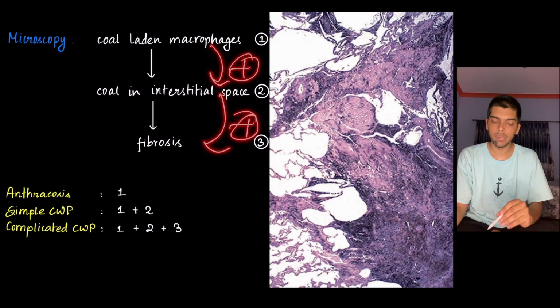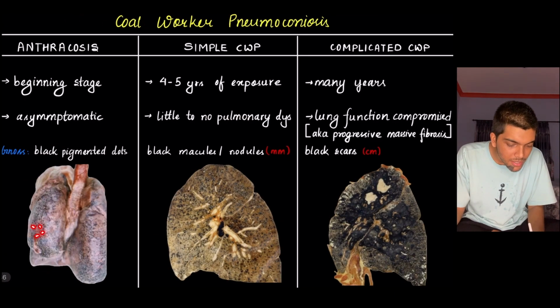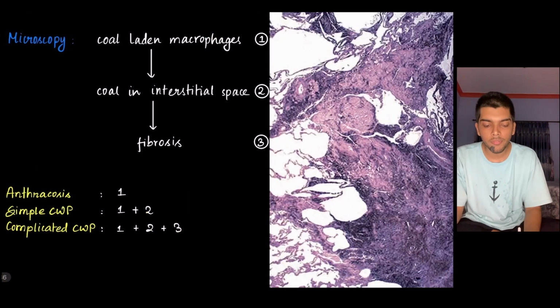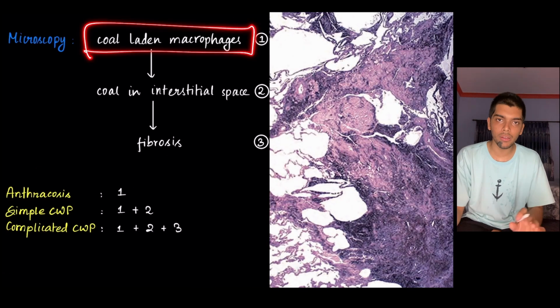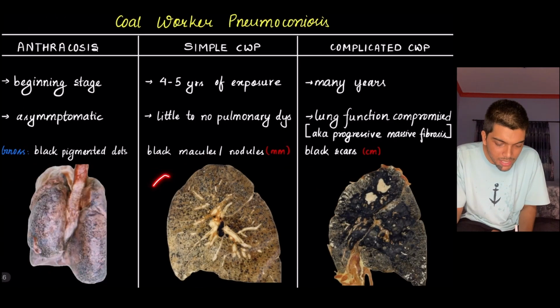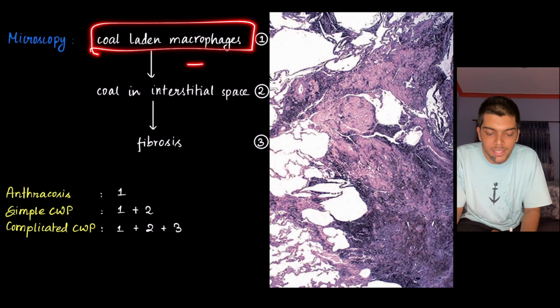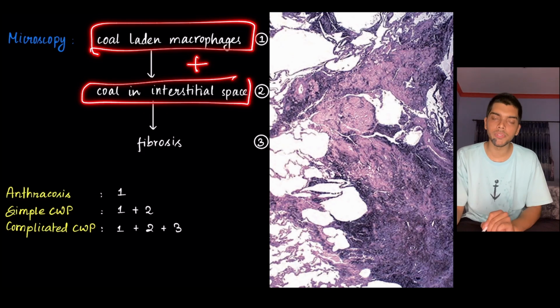As simple as that. So in anthracosis, in all these black dots, these black pigmented dots, you are going to find coal-laden macrophages. In simple coal worker pneumoconiosis, in all these black macules and nodules, you are going to find coal-laden macrophage plus coal in interstitial space.